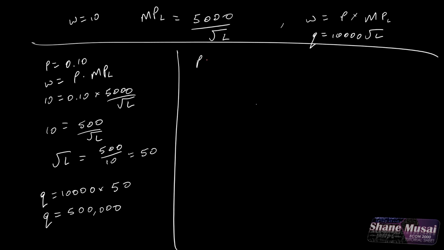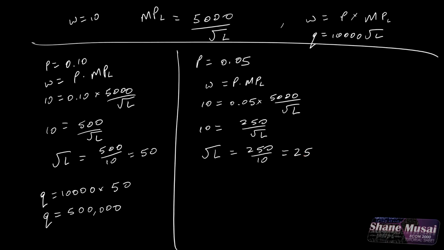Now let's check when the price is 5 cents. Again, it's the same formula. When you work it out, you would get that the square root of L is equal to 25. And you apply the same formula, Q is equal to 10,000 times the square root of L, and then you will realize that Q is equal to 250,000. It's the same exact working that we did before when the price was 10 cents.